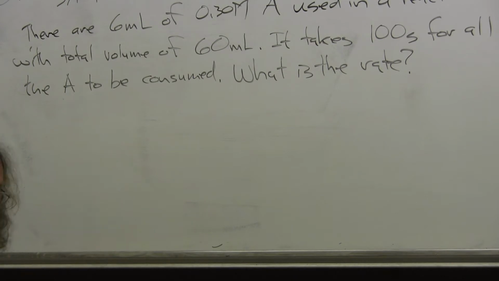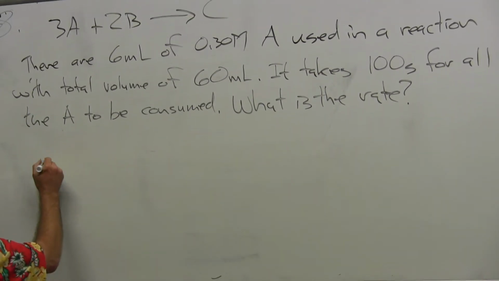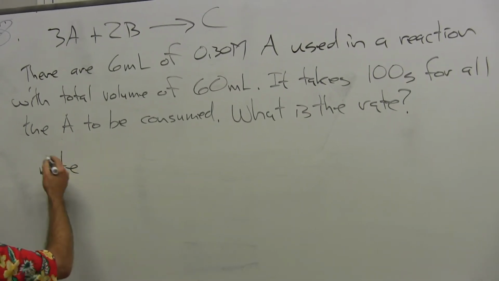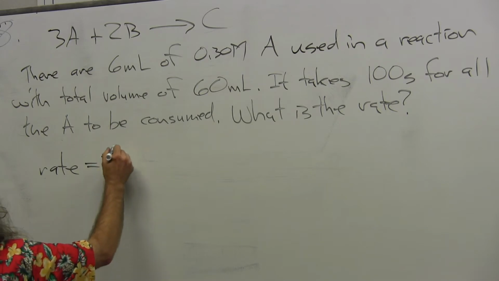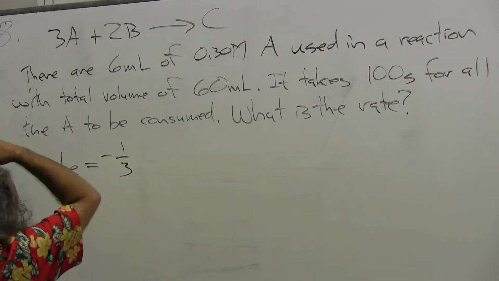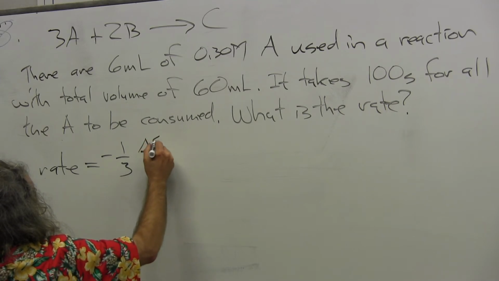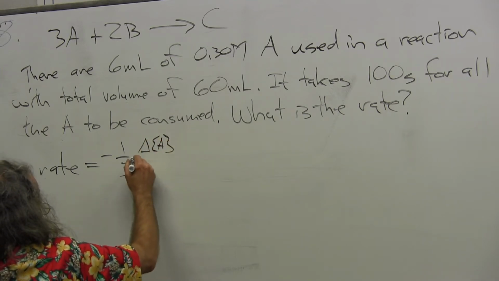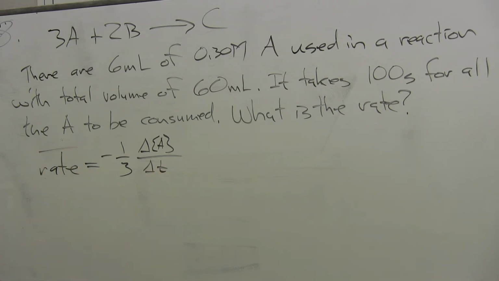Now, the first thing we have to start with is the rate. The average rate is going to be equal to minus 1/3 times delta A over delta t. So this would be the average rate. Okay?